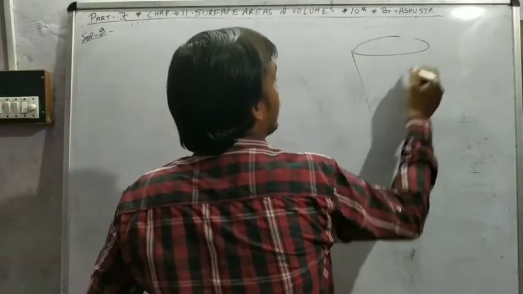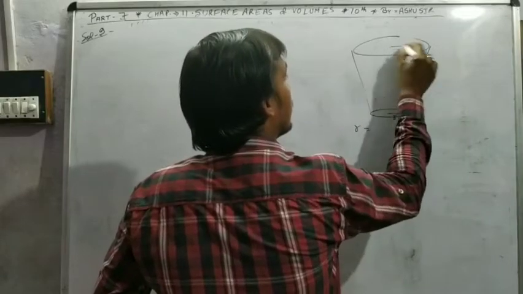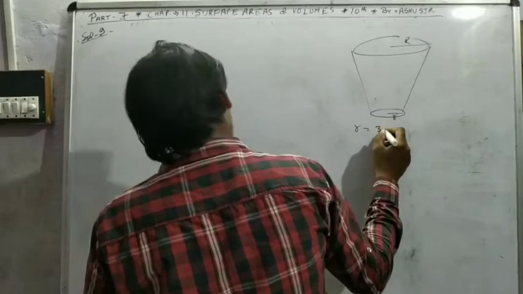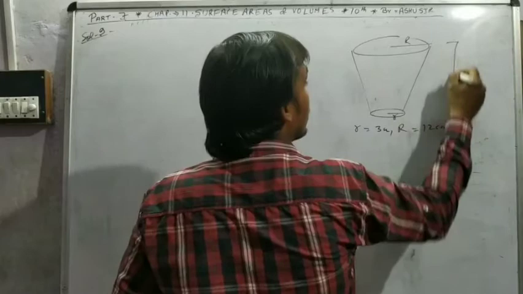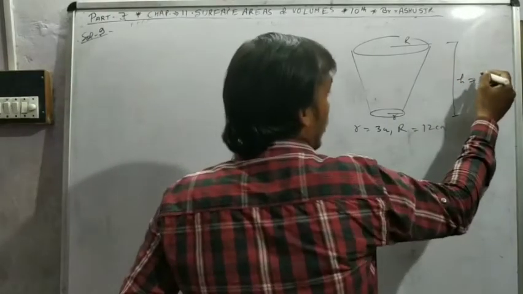Is the bucket of radii 3 and 12 centimeter, and the height of the frustum is 12 centimeter.